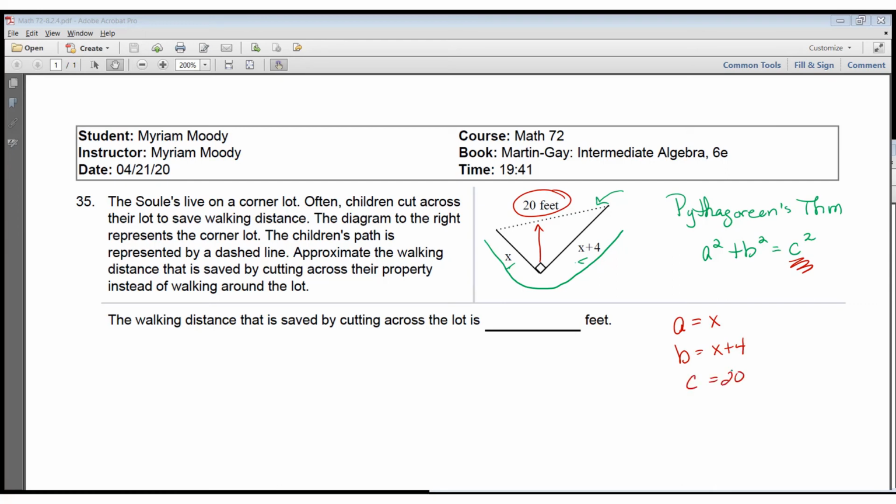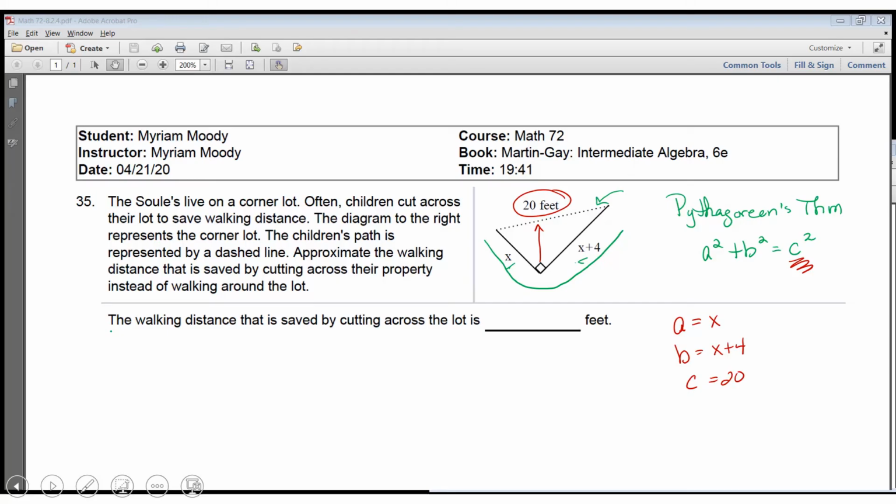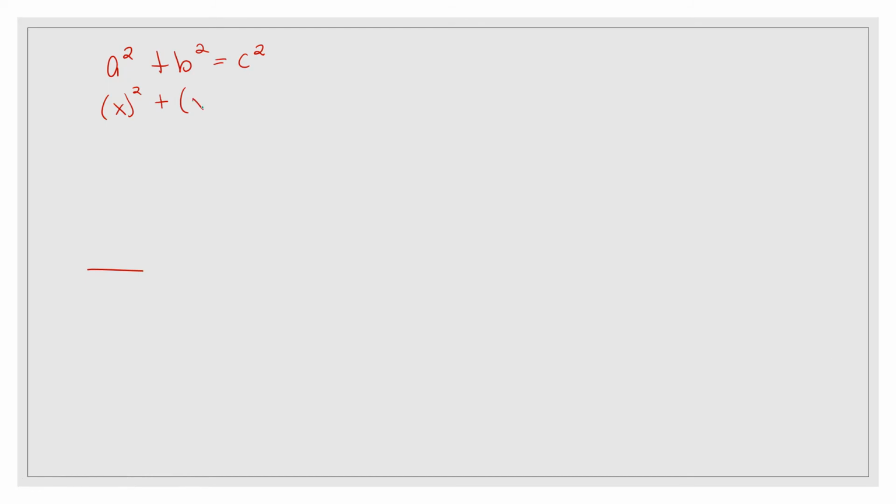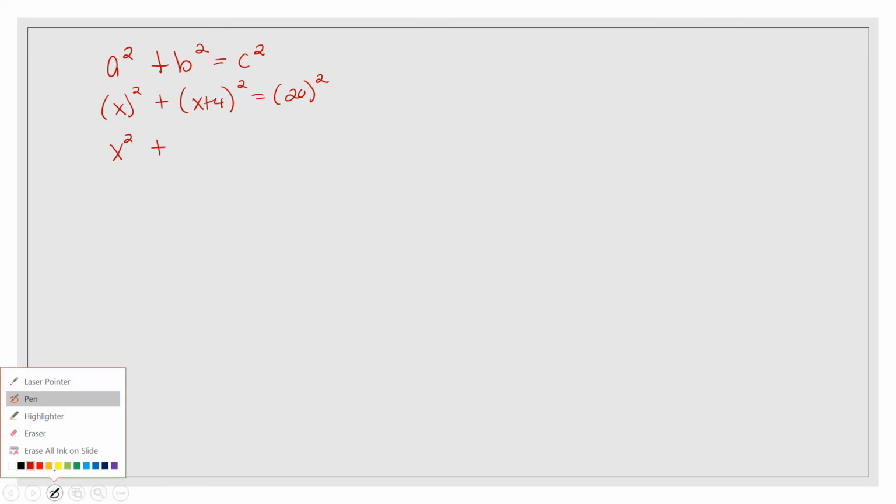Cool? Okay, so let's go to the next page, and let's look at the work we need to do. So we said a squared plus b squared equals c squared. We said a was x. We said b was x plus 4. And we said c was 20. Okay. This is x squared. Uh-oh. X plus 4 times x plus 4.